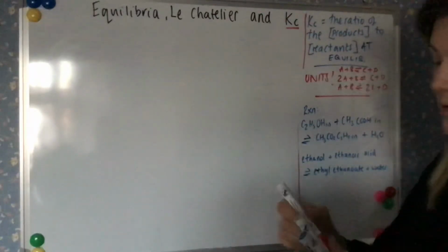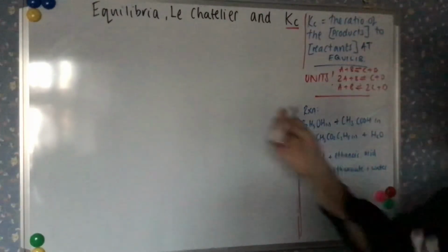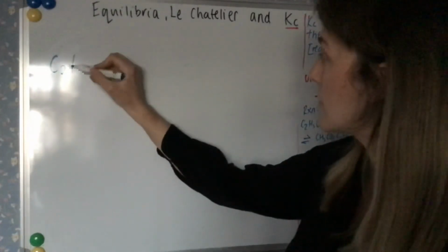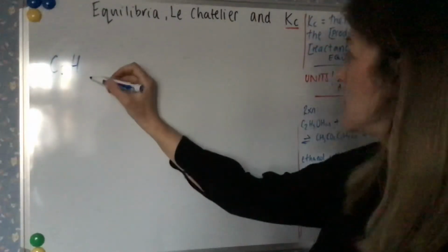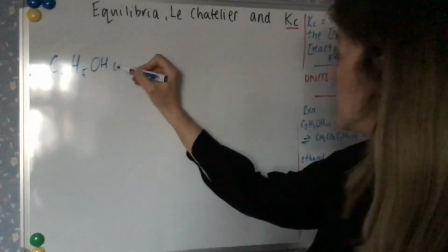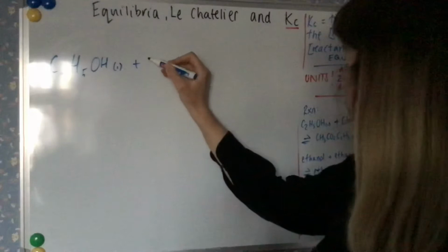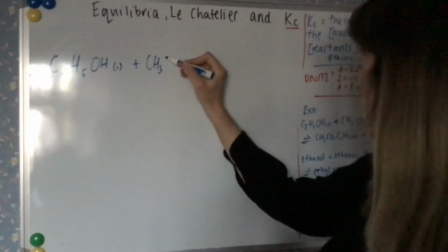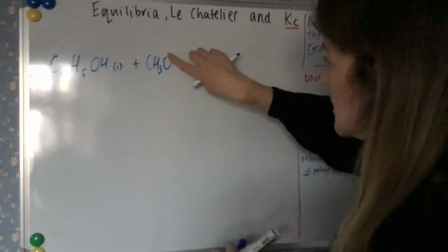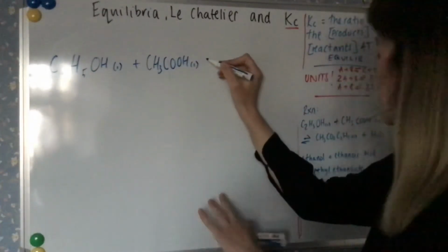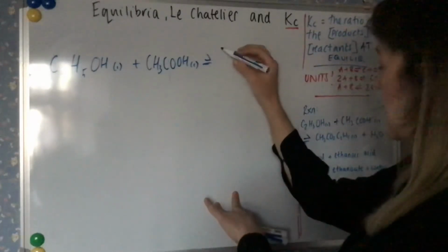So if I write it out on the board, I'll try not to use as much red because I know some people don't like red. So we've got ethanol and ethanoic acid. This is a really long reaction. I think I've probably not given myself enough space. And we make ethyl ethanoate.